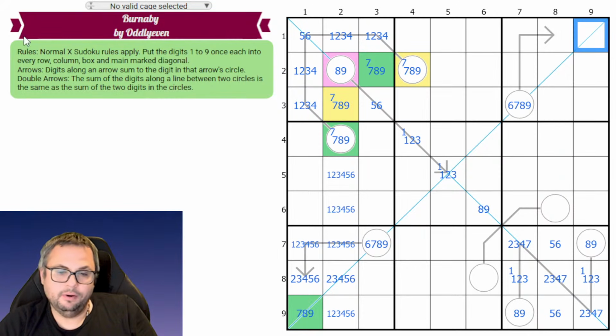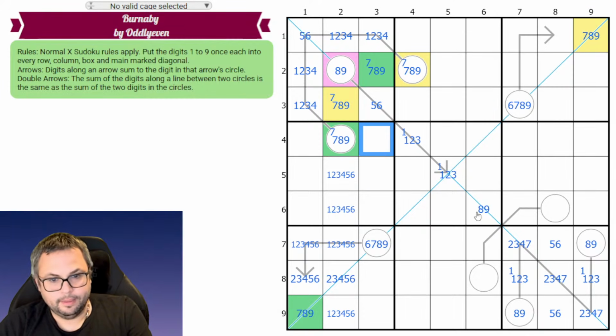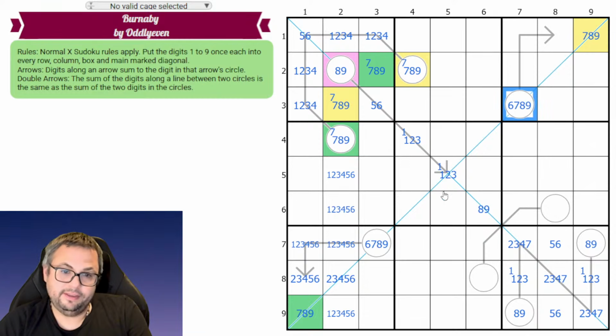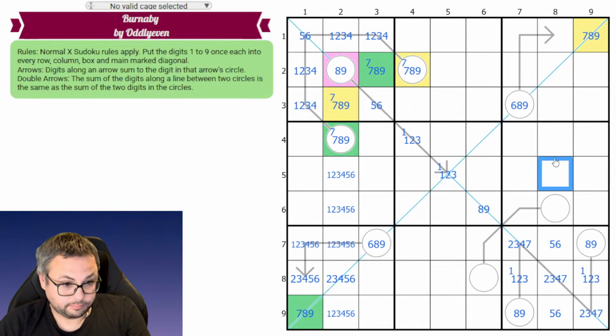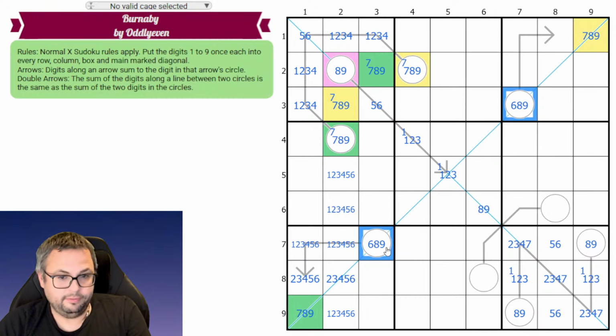Yeah, there's a yellow over here by row 1. I agree. This is certainly yellow or green. So neither of these is 7, because we know one of them is 7. Yeah, this is a quad of 6, 7, 8, 9.